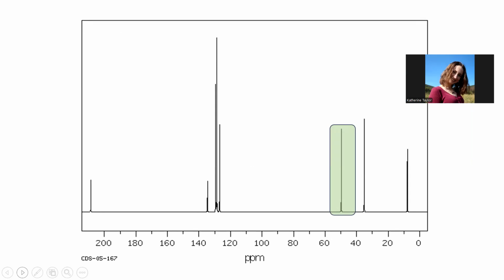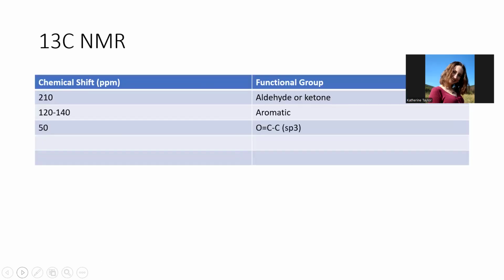Moving on to our three final peaks, the farthest downfield that we have is one at 50 parts per million. This is within that region where we're looking at an sp3 carbon that is bonded to a carbon that is bonded to a heteroatom. In this case, we know that the heteroatom is oxygen, and we know that it's a double bond. I've reflected that in the table. This carbon is going to be bonded to our carbonyl carbon.